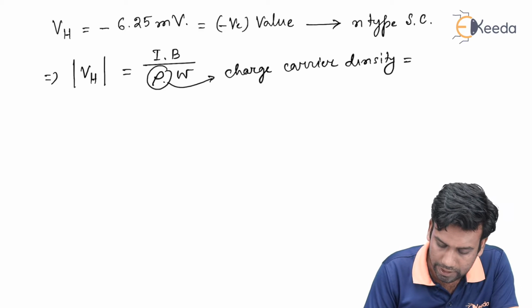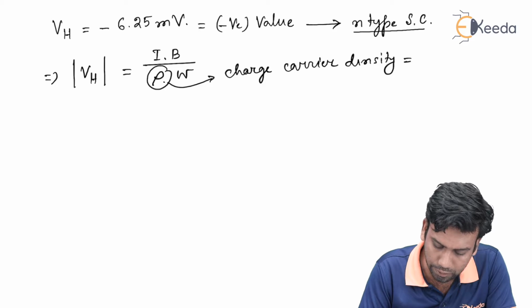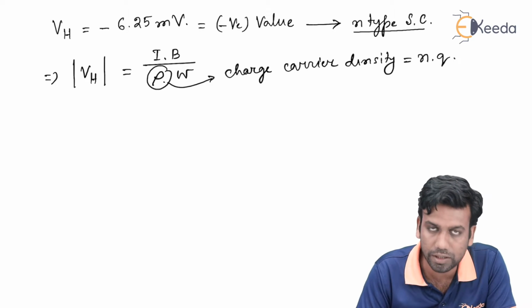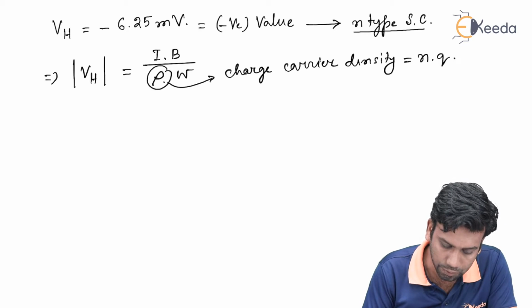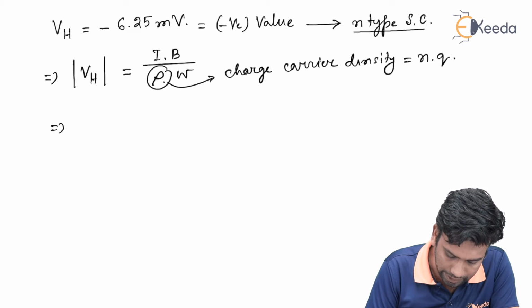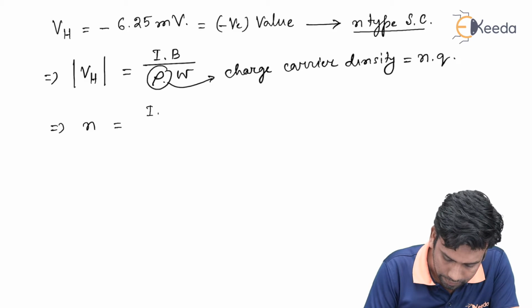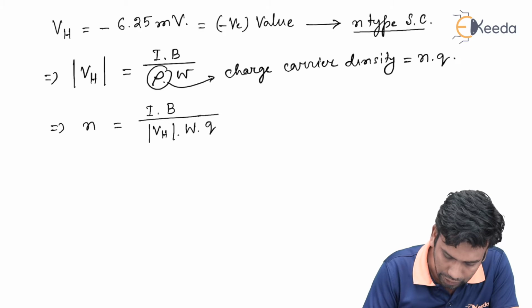Since it is an N-type semiconductor, this charge carrier density will be N into Q, where N is the concentration of the electrons and Q is the electronic charge. So if I put the value of N and Q, then we can find that N will be equal to I into B divided by mod Hall voltage into W into Q.